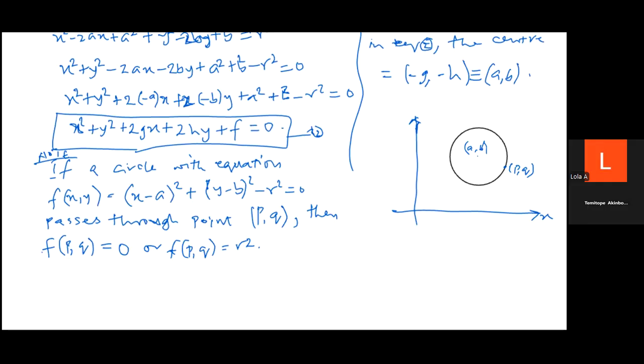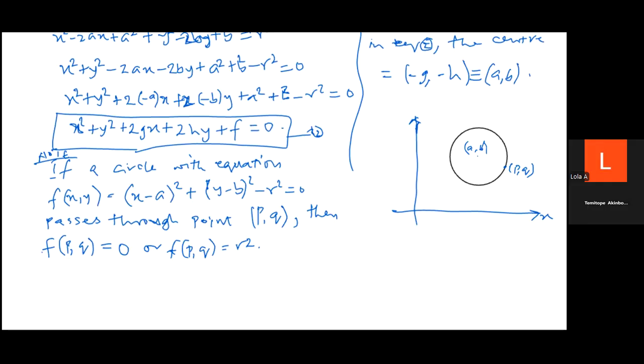If you write it as f(x, y) = (x − a)² + (y − b)² = r squared, then if you substitute the values of P and Q here, it will give you r squared. That's what the statement is saying. Is that clear? Yes, sir. Okay.